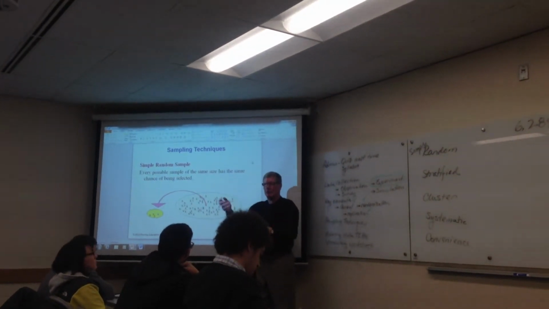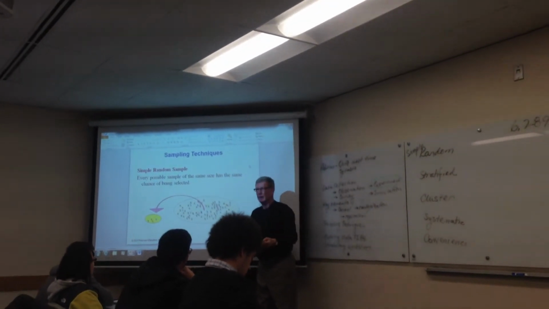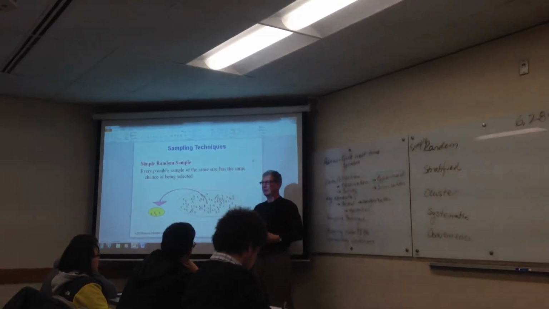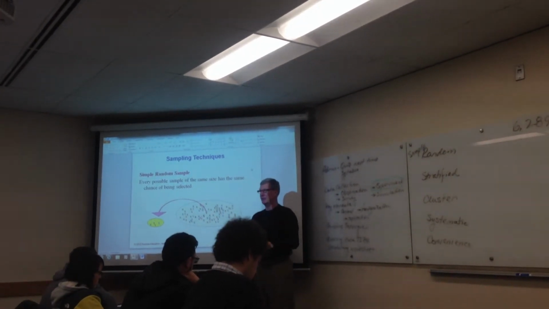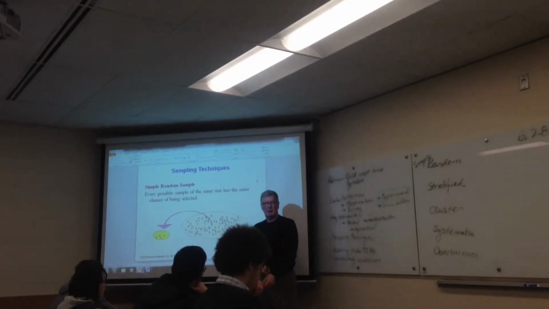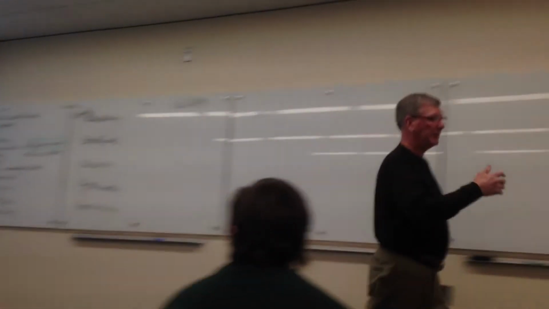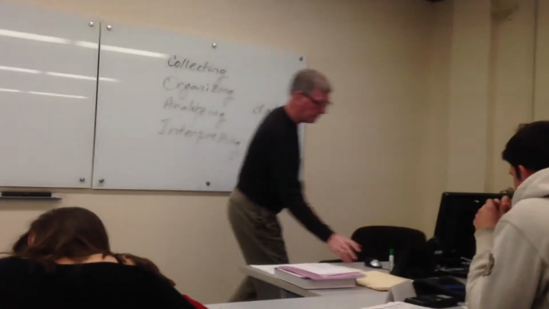So it's like rolling dice. It's absolutely random. You're not influencing it whatsoever. You're not putting any conditions on it whatsoever. It's totally random. Does that make sense to everybody? All right, so that would be a simple random sample.